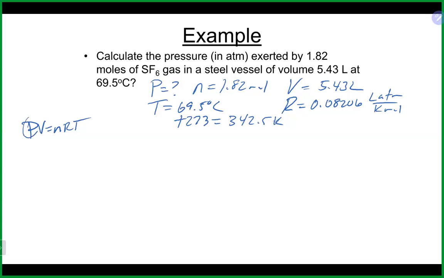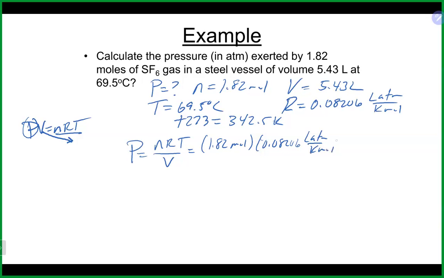We now have everything where we need. We are looking for pressure, so we're going to move V to the opposite side, which means it ends up on the bottom. We're basically dividing by V on both sides. That gives us P equals nRT divided by V. Put in our numbers in the correct locations: 1.82 moles, 0.08206, our R value, and our temperature converted into Kelvin, all divided by our volume in liters.